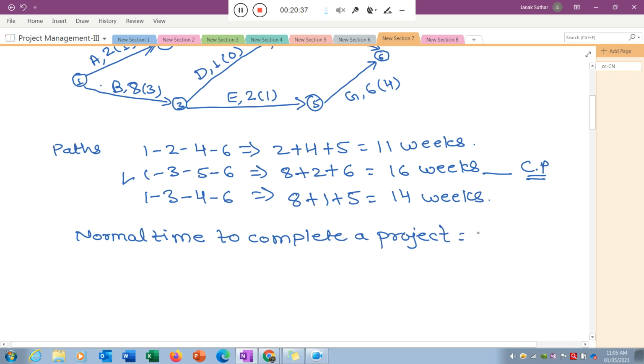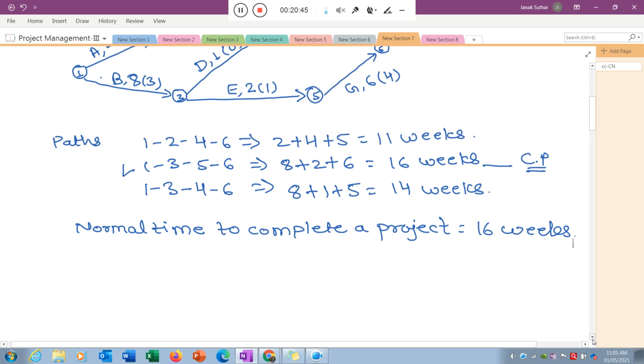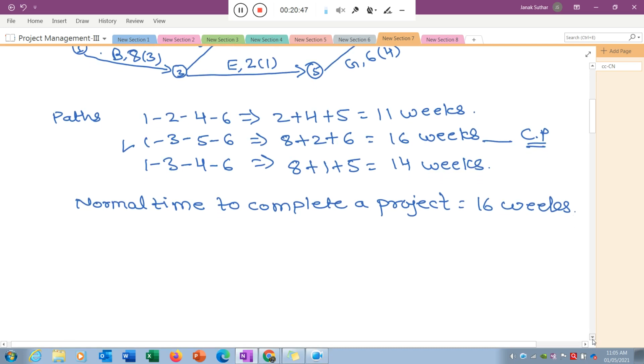That is nothing but the critical path length, that is the 16 weeks. Now we know the time requirement of this project is 16 weeks, so we can do the crashing and reduce our project time.